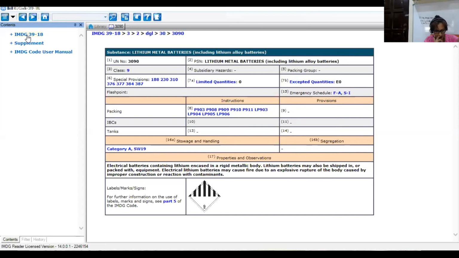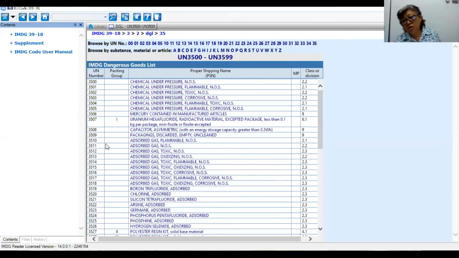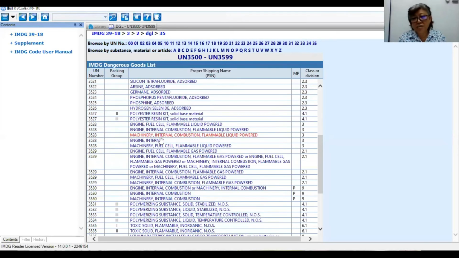I think you're looking at flammable liquid, 3528 or 3529, one of those. 3528 and 3529, because sometimes we do have gas turbines, correct? So it will be 3528 or 3529. But either one, because you have flammable gas powered.